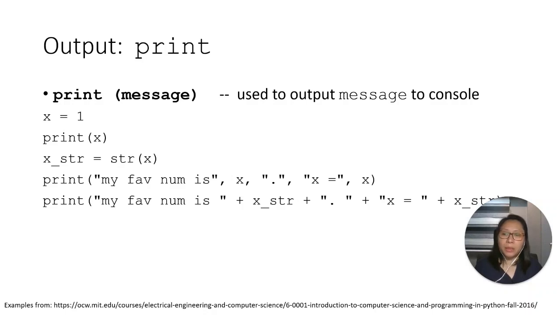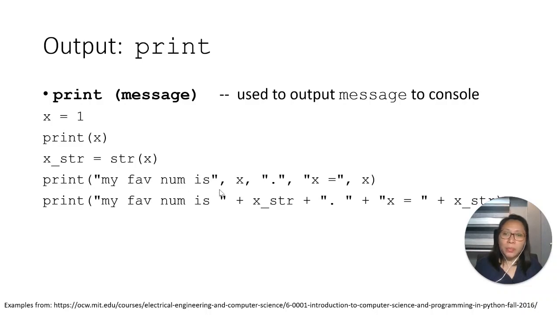Here we present these two print statements, which show us different ways on how to print mixed objects. For example, the first print used the comma.